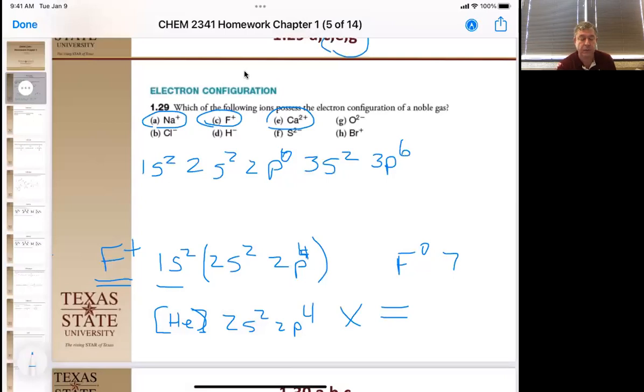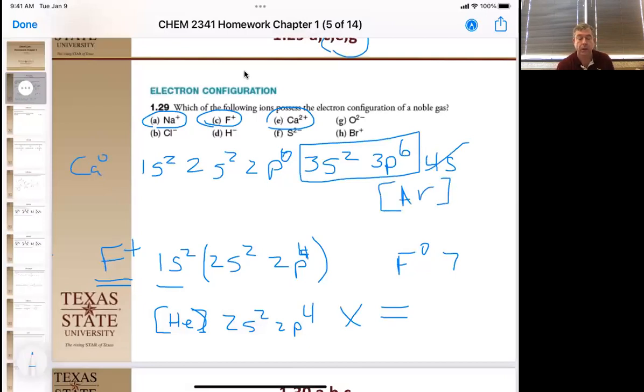And if calcium was neutral, it would have 2 electrons in the 4s, but it's not, it's +2. So we remove those 2 electrons, and that gives us this configuration. So we've completely filled that energy level 3. That gives us the same electron configuration as the noble gas argon.